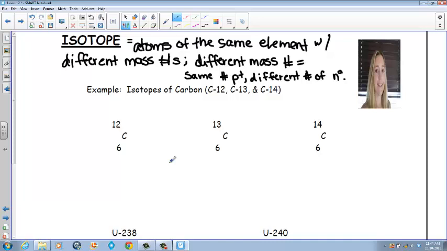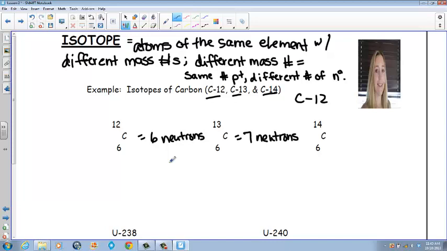So here are some examples, isotopes of carbon, and this is how you will see them written. If it's an isotope, you're going to have the symbol and a dash and then the mass number. Notice how the mass numbers change, 12, 13, and 14. When you subtract 6 from 12, this is going to equal 6. Okay, so that's 6 neutrons here. 13 minus 6, 7 neutrons.